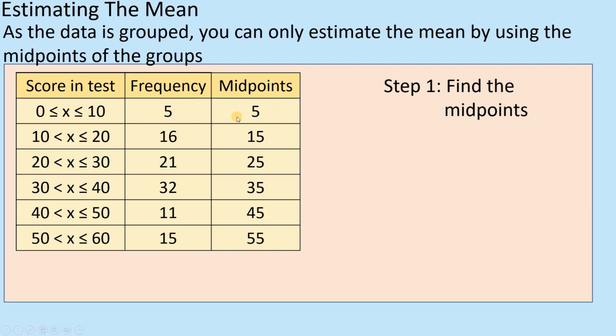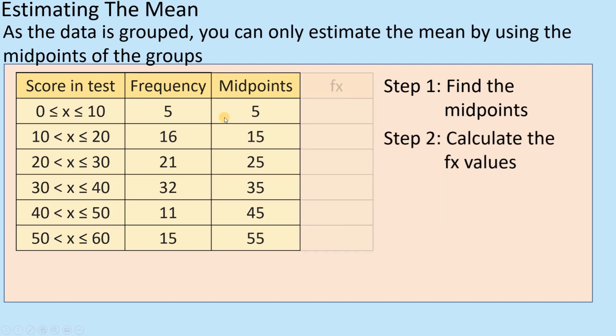When working out the mean, we try to add up all the numbers we've got and divide by however many there are. The quickest way is to do 5 times however many, 5 times this lot. These results are all going to be different, and that's why we're taking a midpoint, because we're estimating. So we're going to do 5 times 5 as my estimate of the value of these.